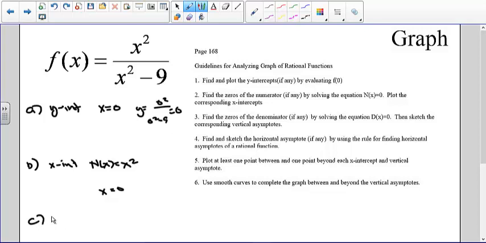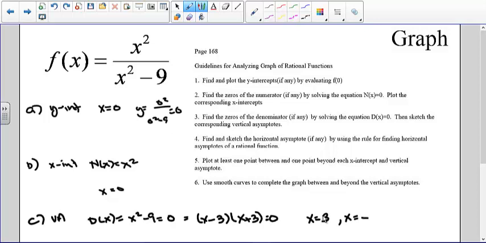Then we have the vertical asymptotes, so that is the denominator, which is x squared minus 9. That has to equal 0, and you can factor x squared minus 9 into x plus 3 and x minus 3. And so there are two vertical asymptotes, one at x equals 3 and one at x equals -3.